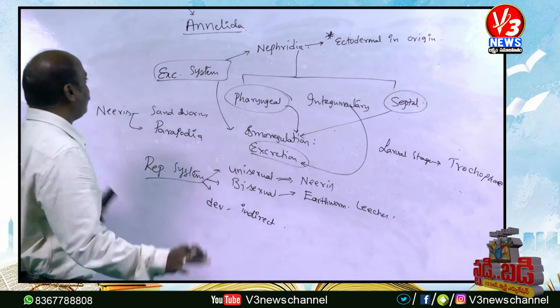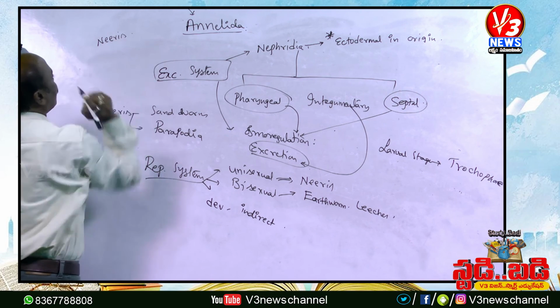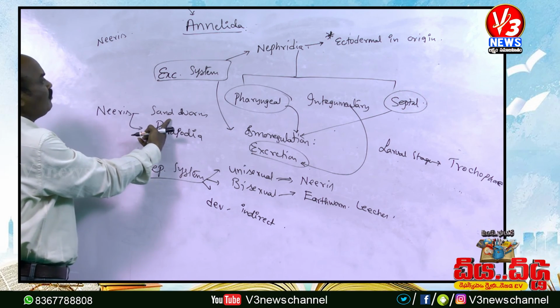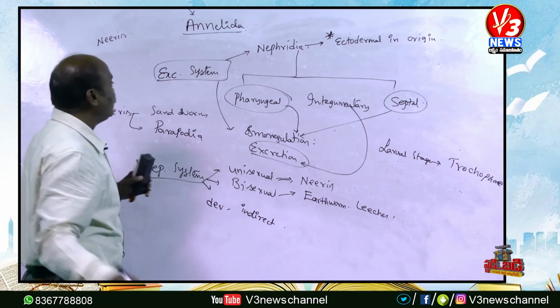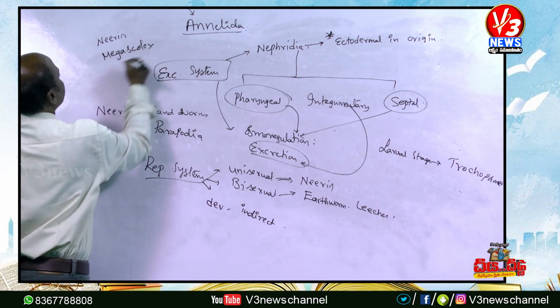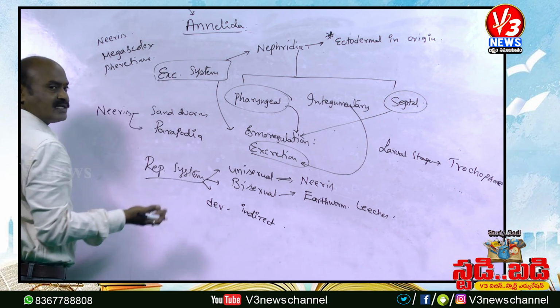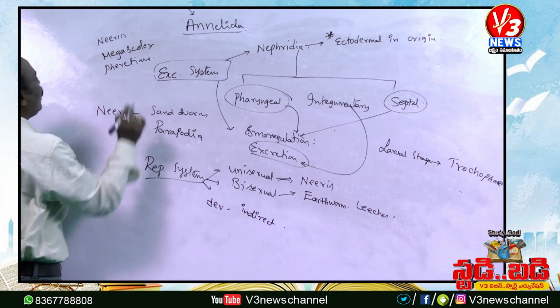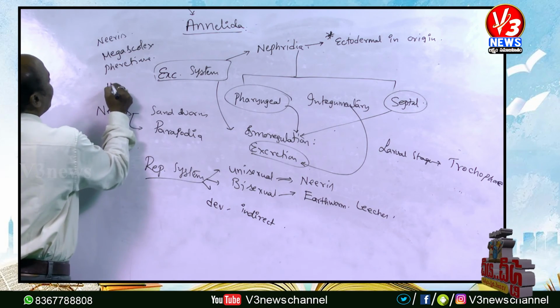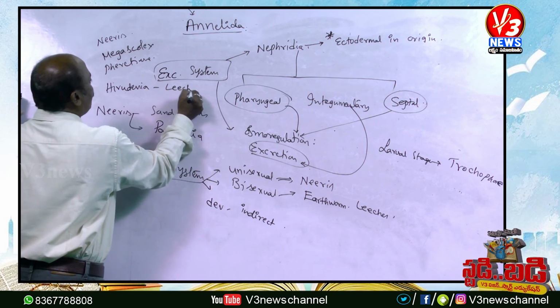Examples: Nereis, commonly called sandworm, belongs to the class Polychaeta. Then earthworms like Megascolex, Pheretima, Lumbricus, Eutyphoeus, etc. And the leech, Hirudinea, is commonly called leech.